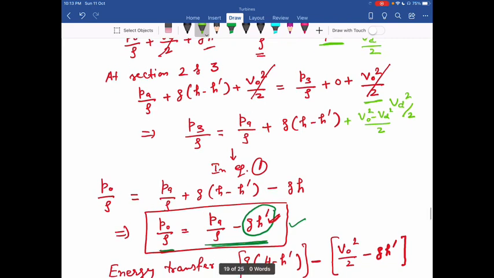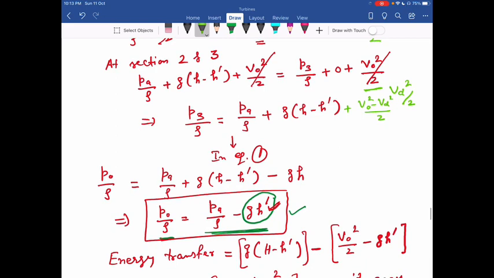Use this P3 by rho in equation number 1 to find out PO by rho. So it is PA by rho plus GH minus H dash minus GH, and there is one more term, plus VO square minus VD square divided by 2.